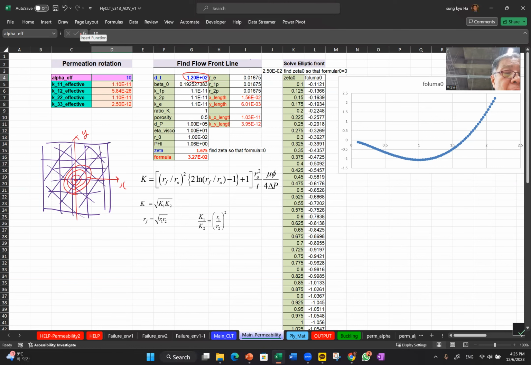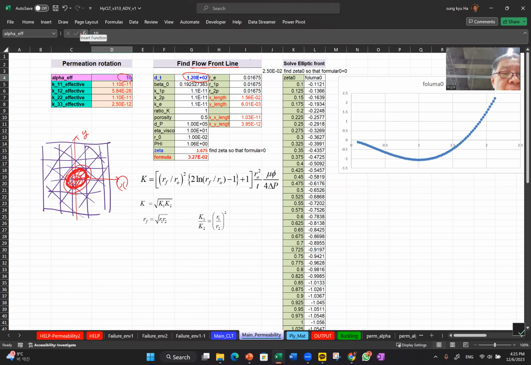And alpha, what does it mean? Similar to drawing the failure envelope, we like to draw the envelope of the flow, which we call the flow front line. For every angle, we find this point, that point, that point, we connect all the line, and we try to make the circle.